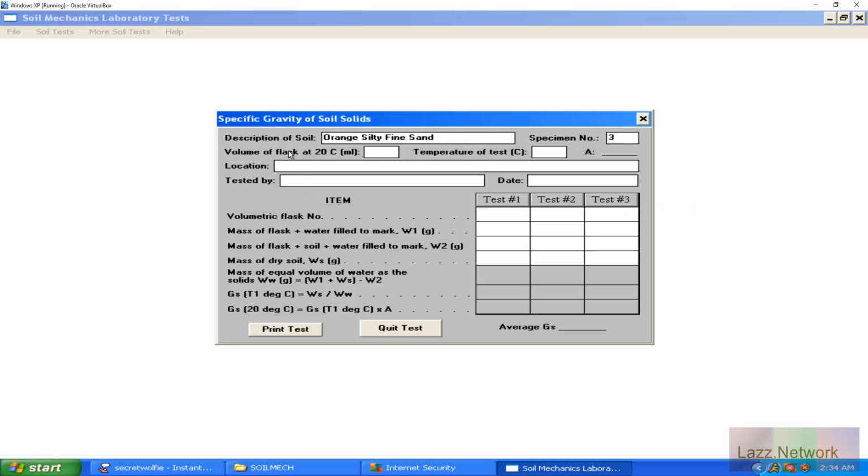So you've got volume of flask at 20 degrees Celsius, how many milliliters? So that's just the volume of your flask. Never mind, I'm overthinking it. What I've used is a 250 milliliter. Yeah, never mind. I'm overthinking it.